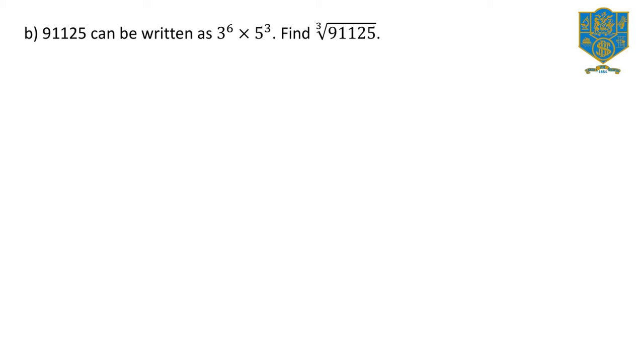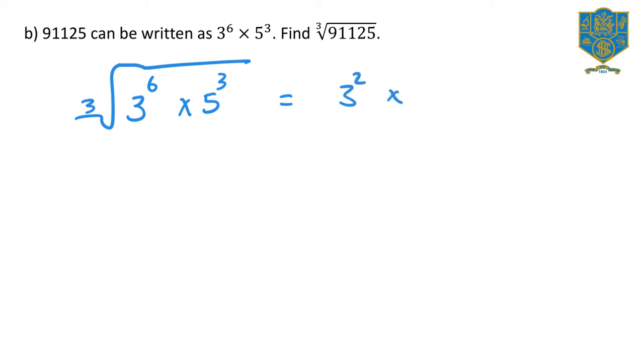So what we need to do to find the cube root is we divide each power by 3. So the cube root of that number is going to be 3 squared times 5, or 5 to the power of 1. Now the justification for that, by dividing each power by 3, is if we're trying to cube a number, we multiply it by itself 3 times.